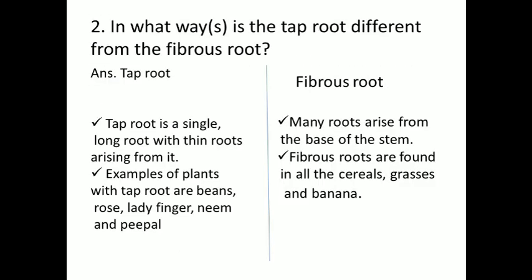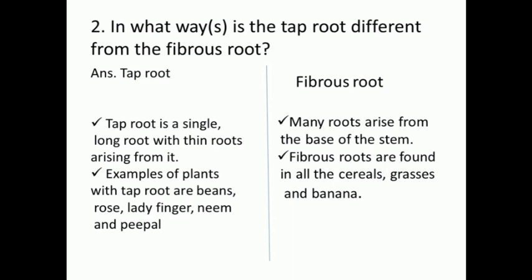The next question is, in what way or ways is the taproot different from the fibrous root? So this is a difference question. You need to make two columns. In the first column you will write taproot, and in the next column you will write fibrous root.